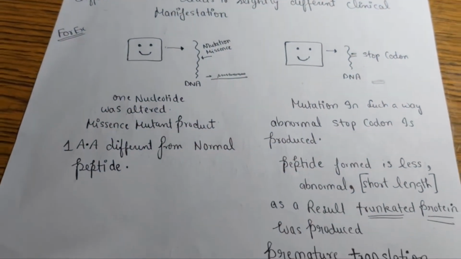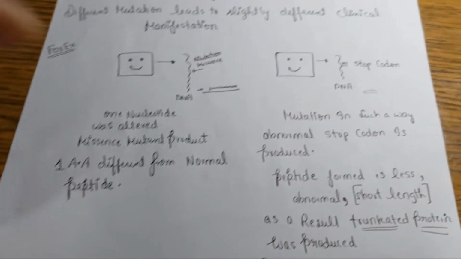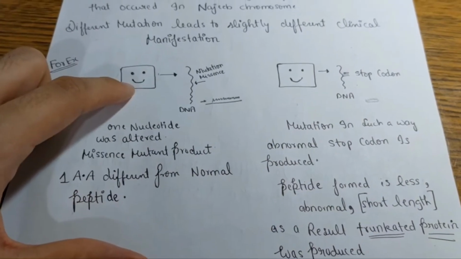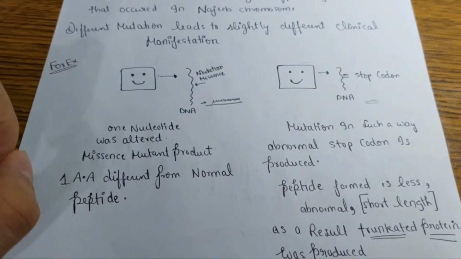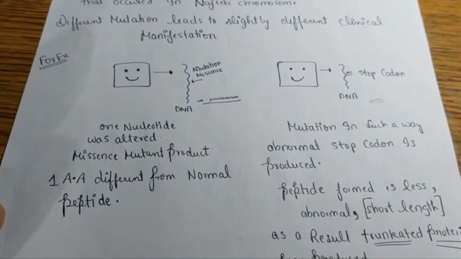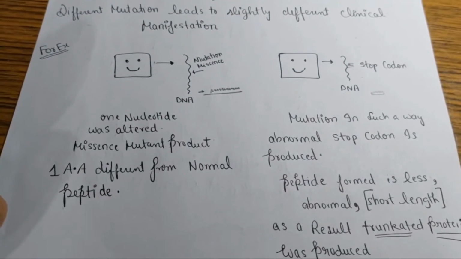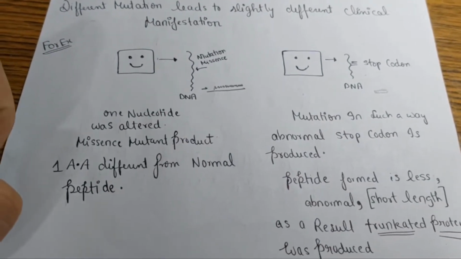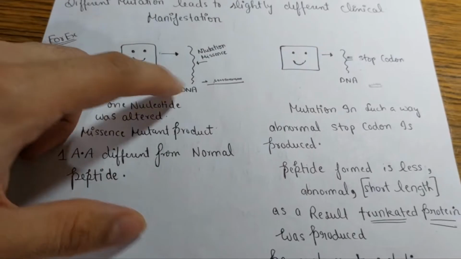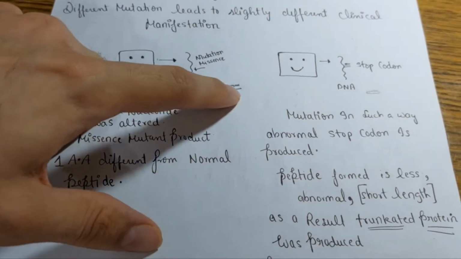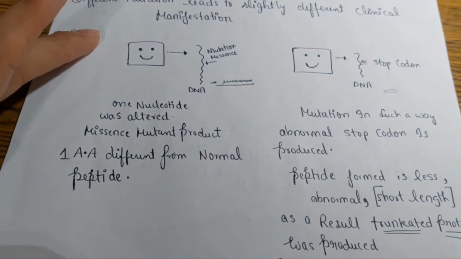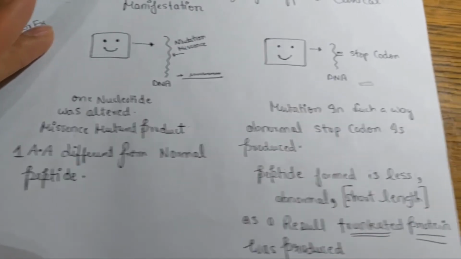So here we have two examples. Here one nucleotide was altered, so a missense mutation took place, and the missense mutant product has one amino acid different from the normal peptide. So here's the length of the peptide. It was somewhat similar, but still it was mutant.